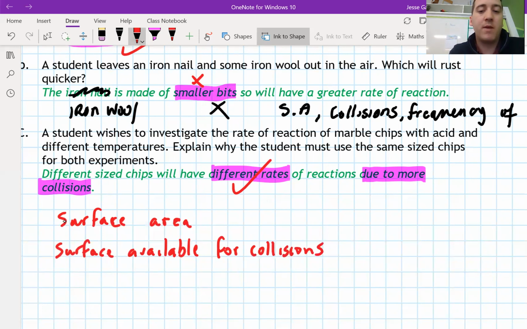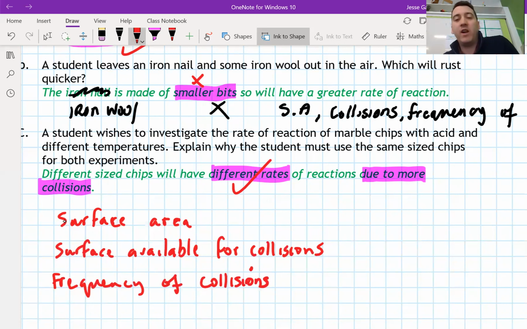So I definitely want to be mentioning collisions, and we also want to be mentioning the frequency of collisions. So if there's more surface available for collisions, there will be a greater frequency of collisions. None of this has been mentioned in this answer, which means that it's not really as good as it could be. They haven't mentioned surface area, they haven't mentioned more surface available for collisions, and they haven't mentioned the frequency of collisions.